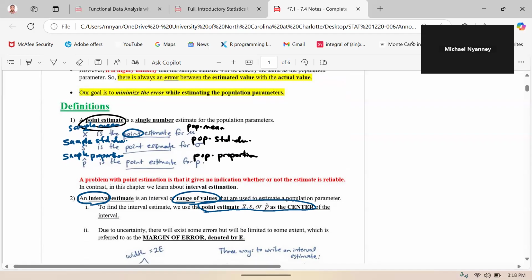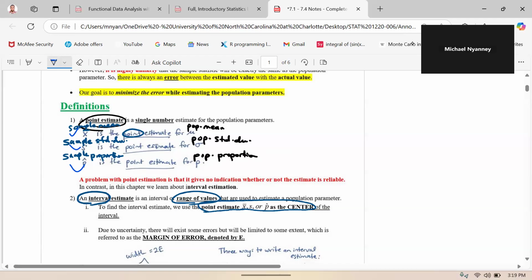And these numbers help us estimate what we don't know, which is the population parameter. So the x bar will help us estimate the population mean, the sample standard deviation will help us estimate the population standard deviation, and the sample proportion, p-hat, will help us estimate the population proportion. So these are point estimates.